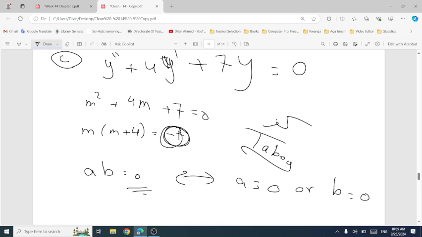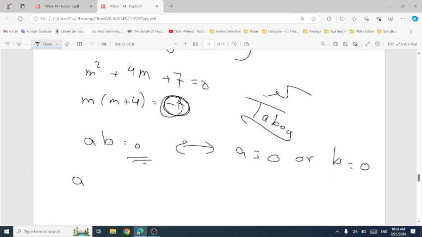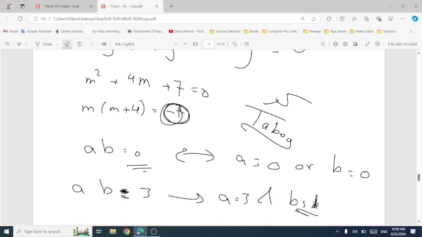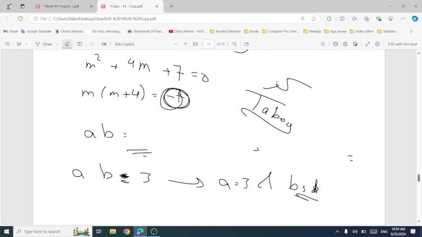Here, if you change that to any other number, it is not true. Careful, okay? For example, I say A multiplied by B equal to 3. Do you think, for example, A equal to 3 and B equal to 0 or 1? Do you think that? No. Maybe A is 3, maybe 1 over 3, right? So that one is true only for 0. Thank you for your mistake, actually. It was great, because mostly students do it.